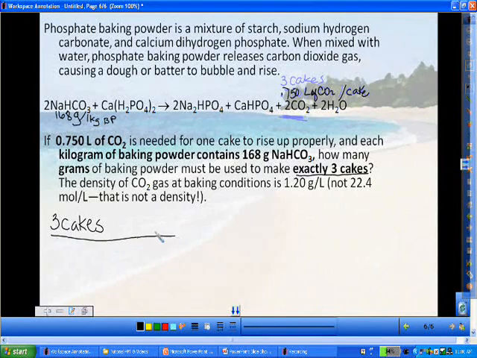So starting with that, we have 3 cakes, and we know we need 0.750 liters of carbon dioxide per 1 cake, but we're making 3.